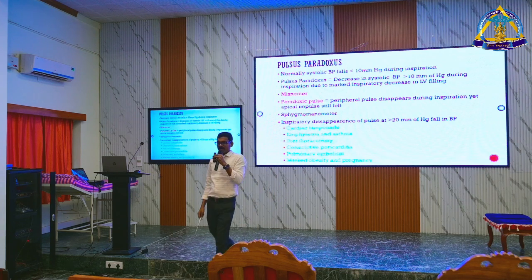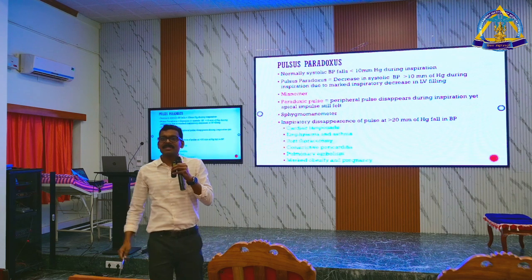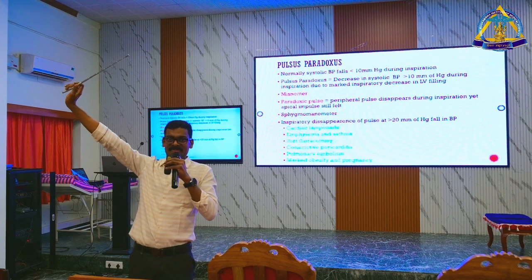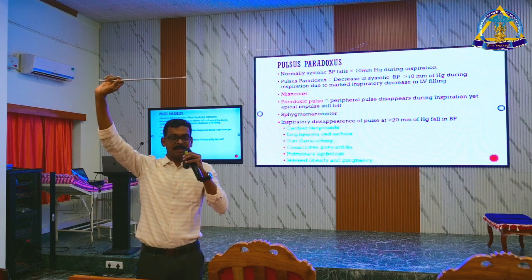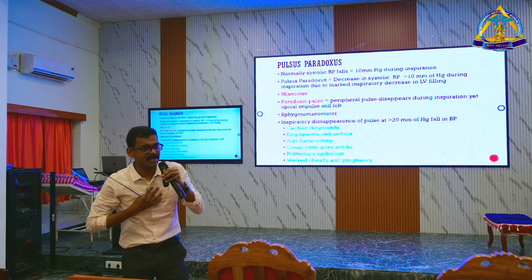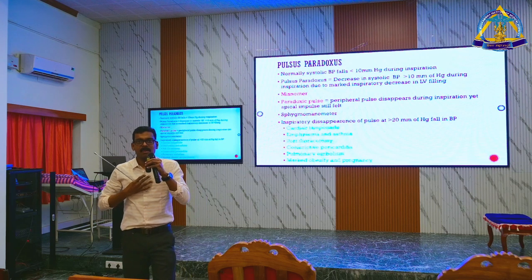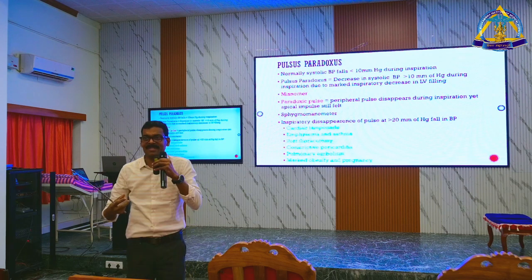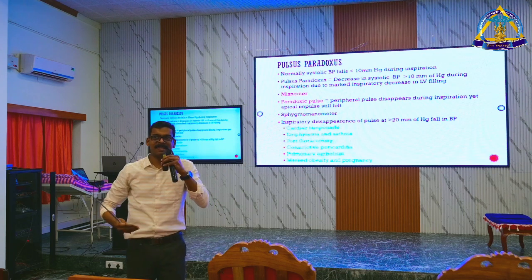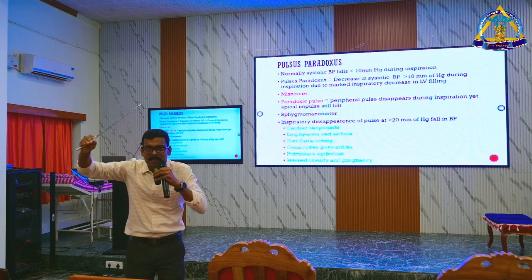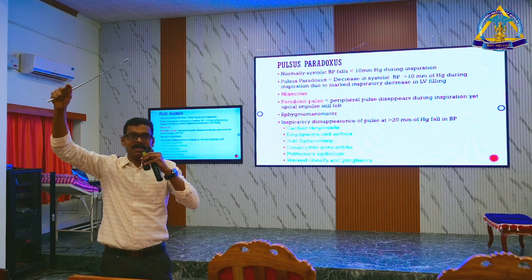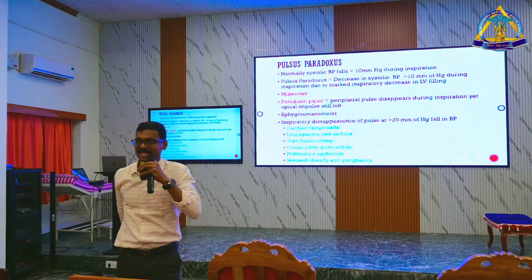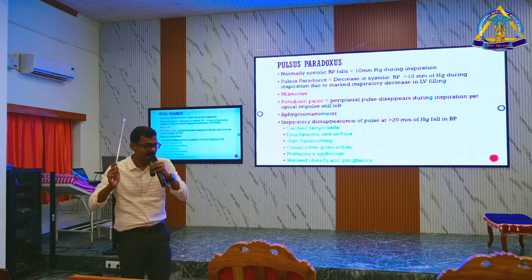Pulsus paradoxus. What is pulsus paradoxus? Pulsus paradoxus is an exaggeration of the normal phenomenon. During inspiration, because of the negative intrathoracic pressure, all the pulmonary veins will keep the blood inside. The LV filling will decrease and the LV outflow will decrease. The pulse volume comes down because of the decrease in the systolic BP of up to 10 millimeters of mercury.